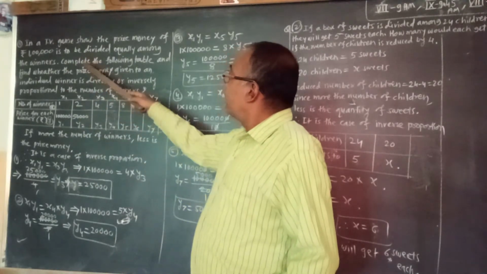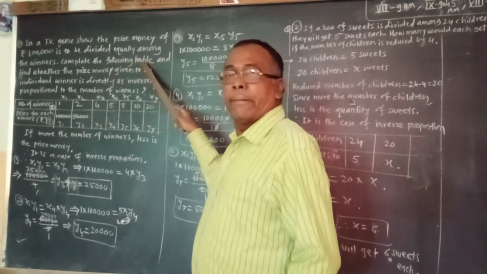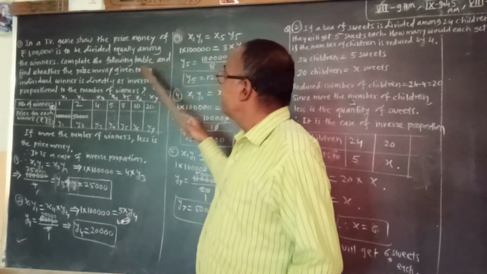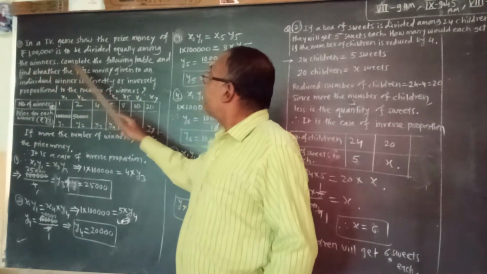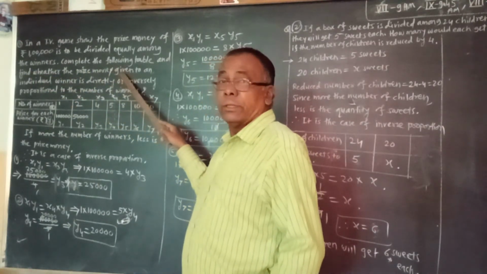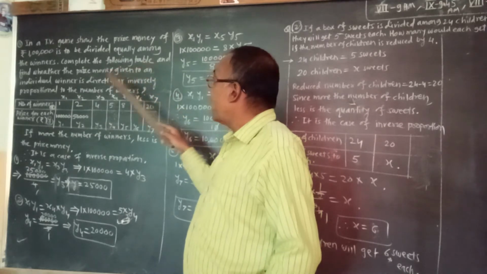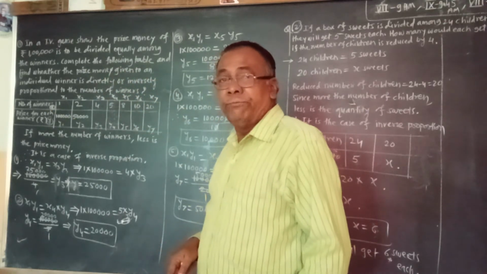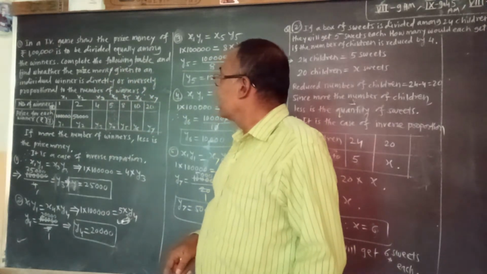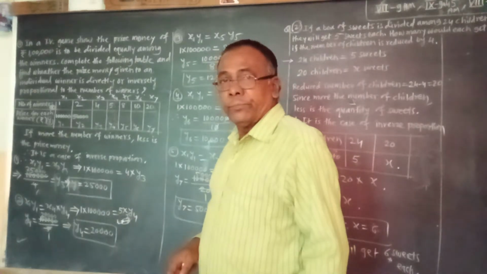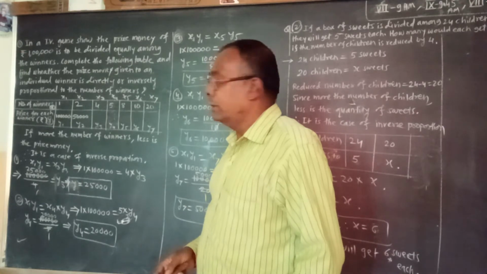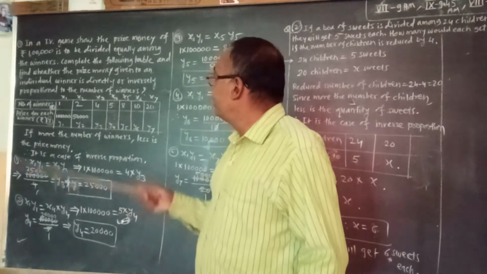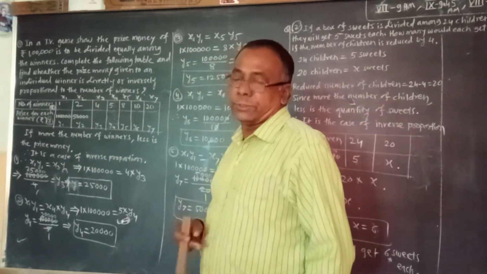Complete the following table and find whether the prize money given to an individual winner is directly or inversely proportional to the number of winners.